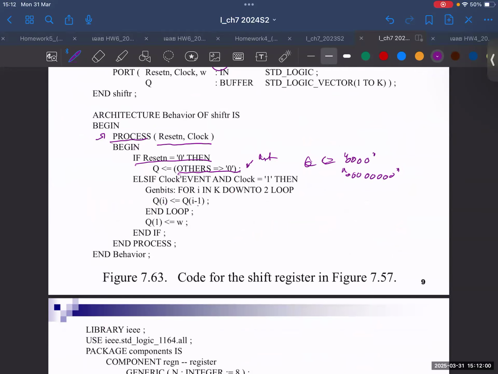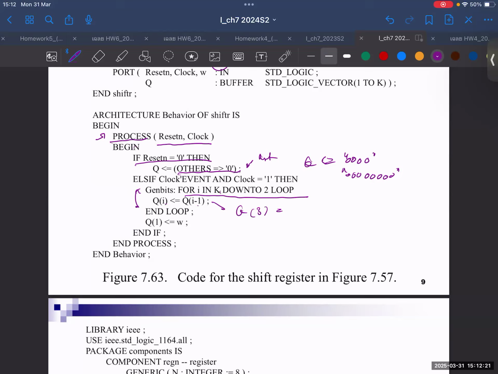So basically, this is the generate bit, the jump for loops. Remember, for loops can be used only in a process. You never see this outside a process. So what is that? It just repeats this line. For example, K is 4.